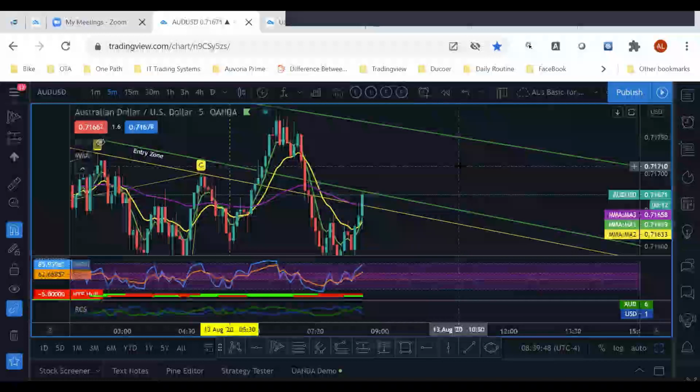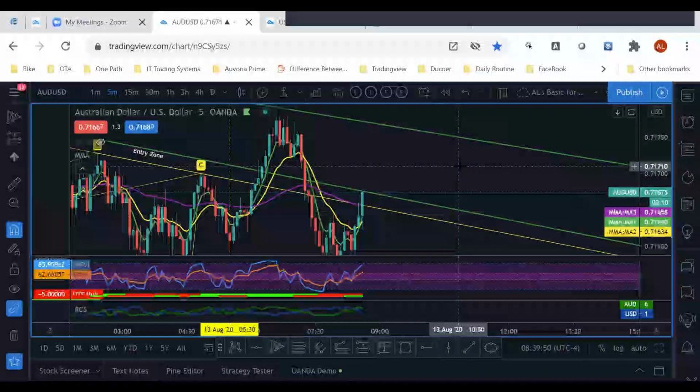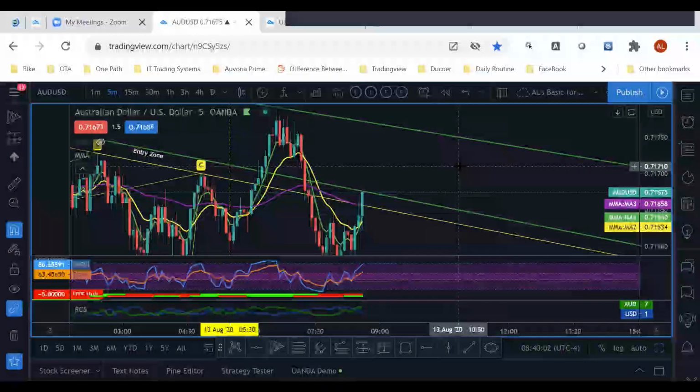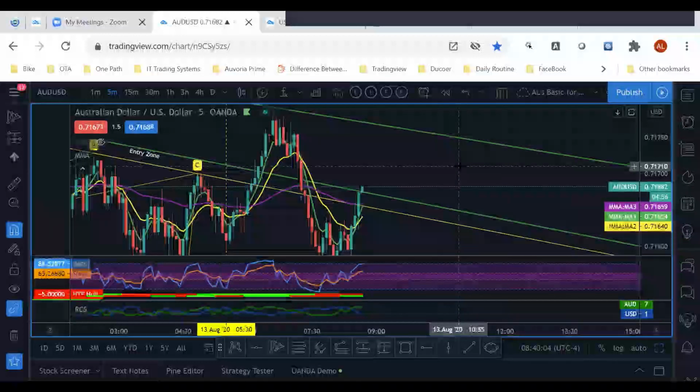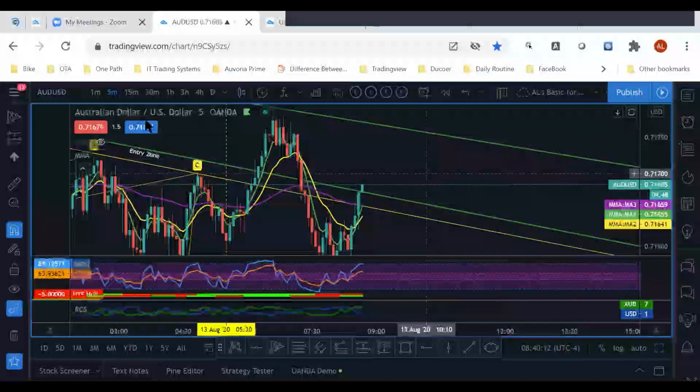Yes. If it can close above that entry zone, we may want to go long on that Aussie dollar. Let's see if I can get a trade in on this.